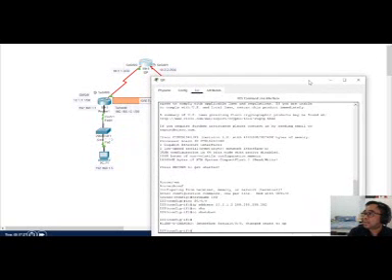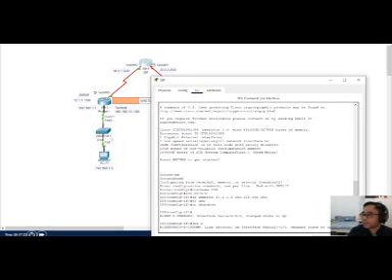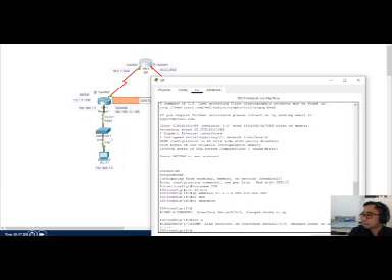And we have to set the other one. So we go to interface S0/0/1. Let's set the IP address to 10.2.2.2, 255.255.255.252.